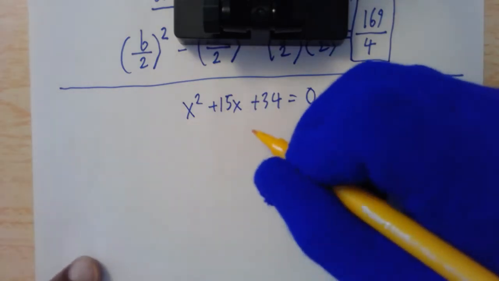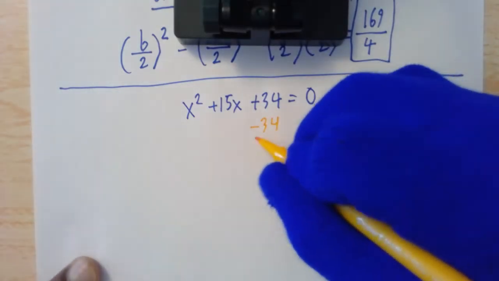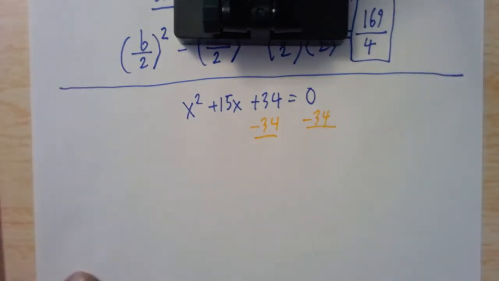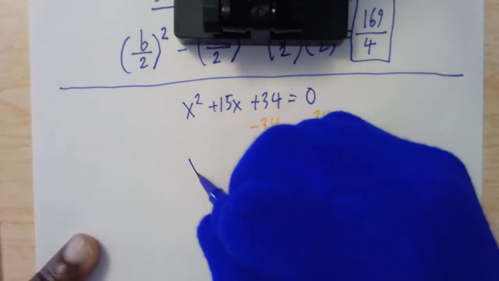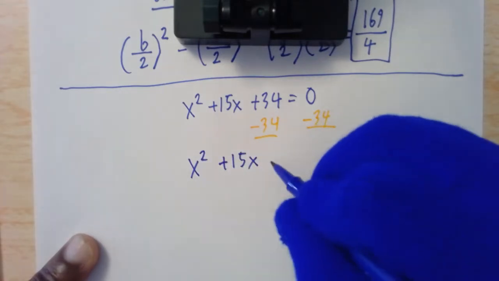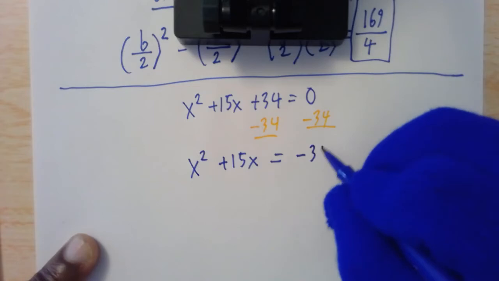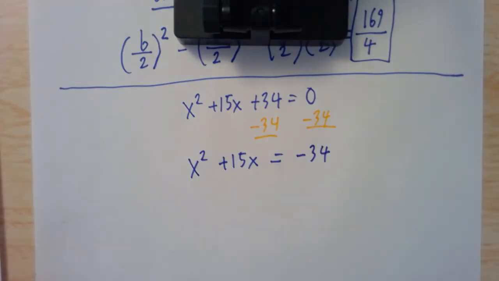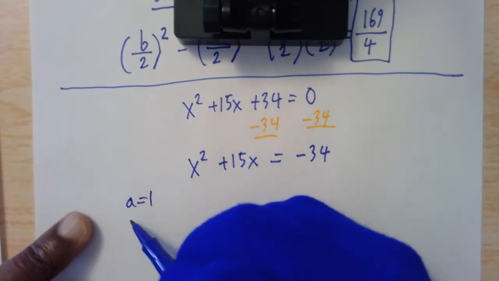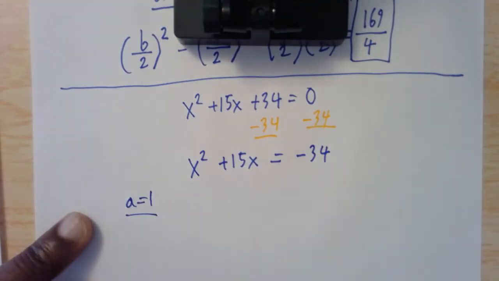So we're going to subtract that 34 on both sides. Then we're going to have x squared plus 15x equal to negative 34. Cool. Next step, is a equal to 1? Yes, a is equal to 1. Got that. All right, we're moving forward.